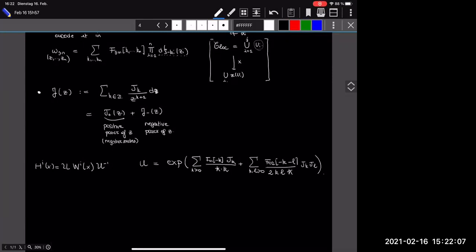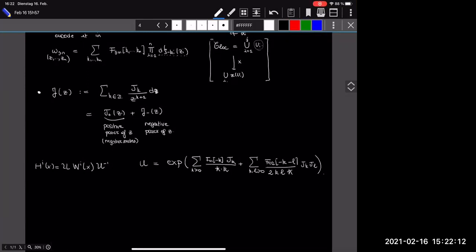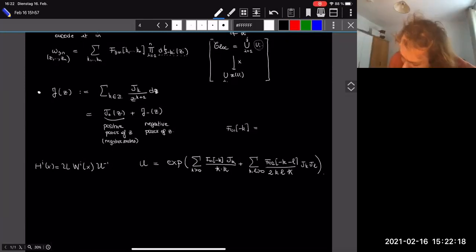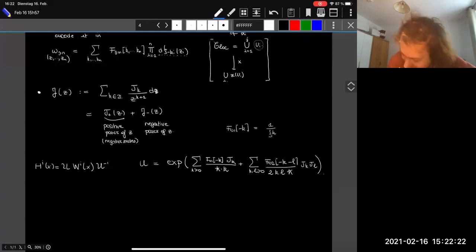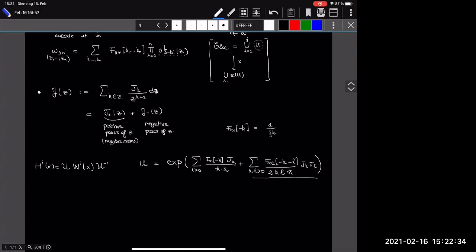If you want, omega is expressible as a finite product of the J's evaluated at these various points. If you take this z to be 1 over zeta_k, and you forget about this second part, then you recognize at least the positive part of some fermions. Just one part. Okay.